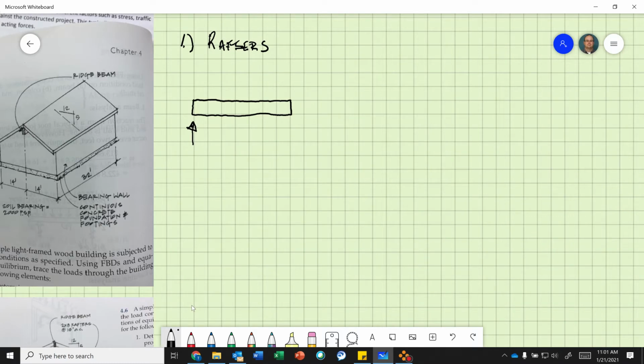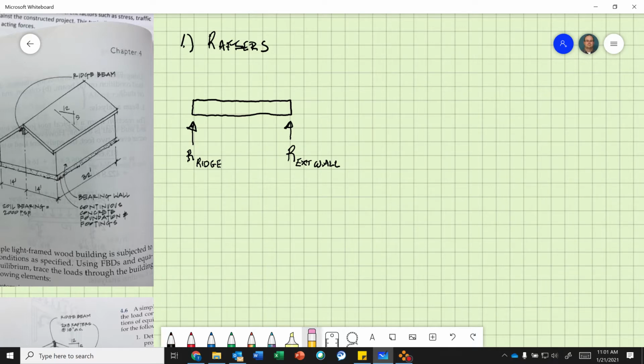So the reaction at the ridge, and this is the reaction at the exterior wall. Now we have to figure out what our load is.